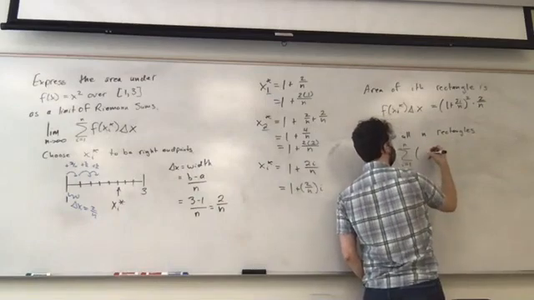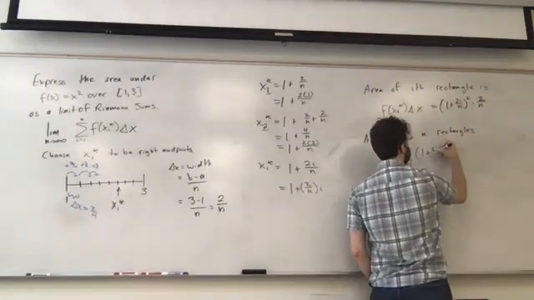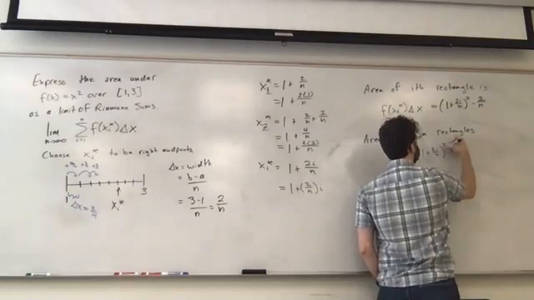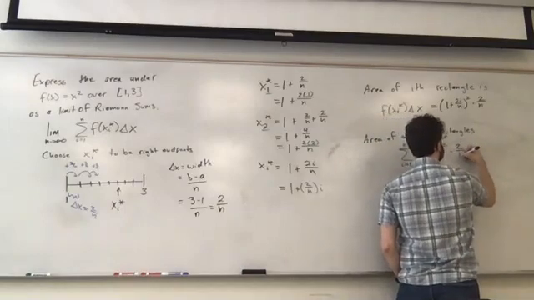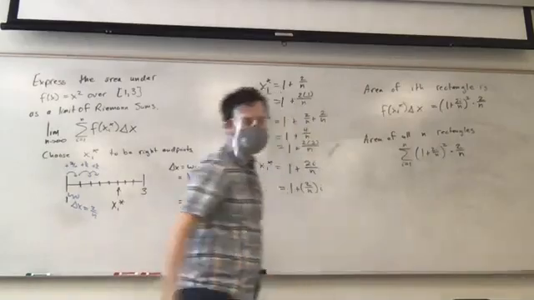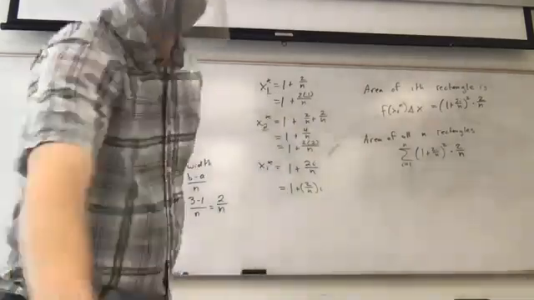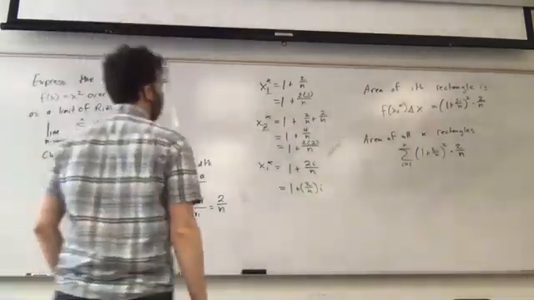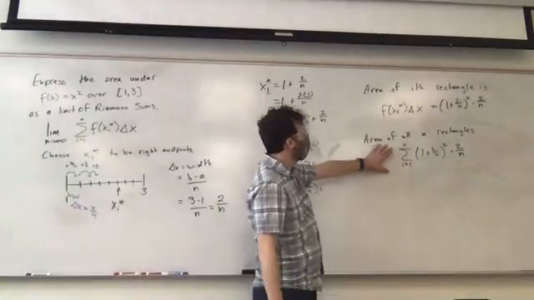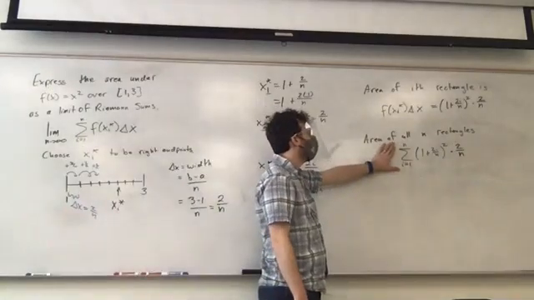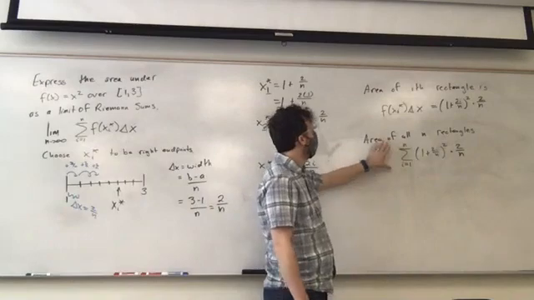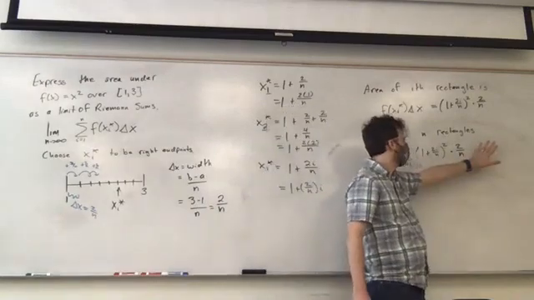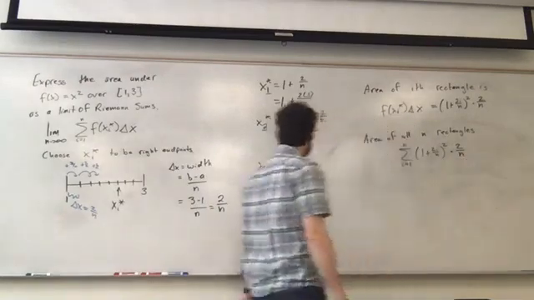So this is the sum from 1 to n of 1 plus 2i over n, squared, times 2 over n. And then the last part of this is saying, if you were to approximate with n rectangles using right endpoints, this is what you would get as your answer.